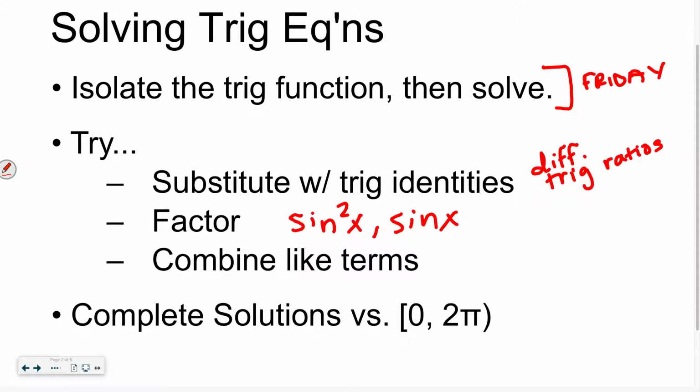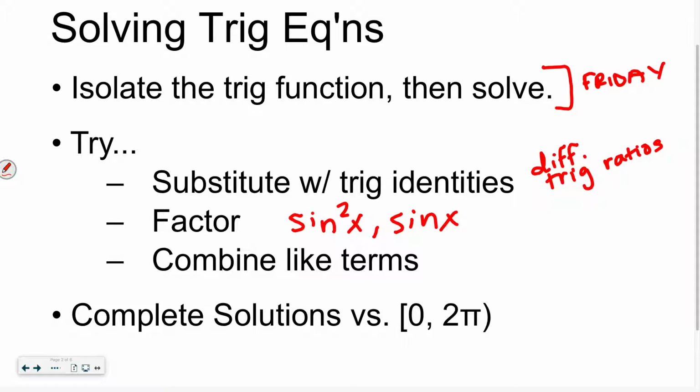Those aren't like terms. You're never going to get them to add together, so you're going to have to get them on one side and factor. So that's a good signal to use factoring, if you have one trig function that's squared and one that's not.